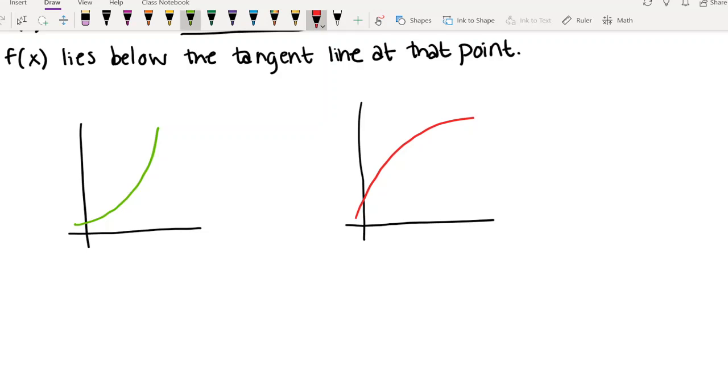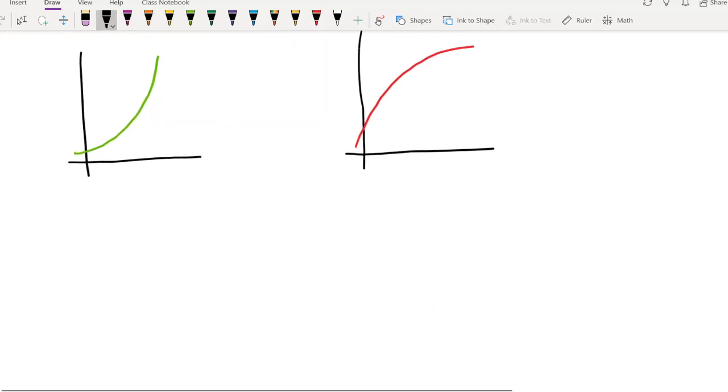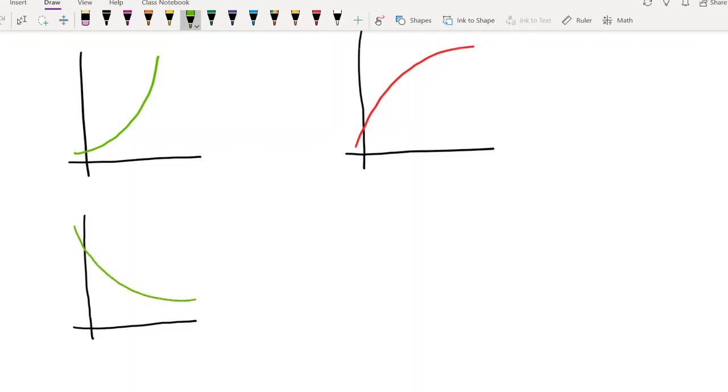So these are both increasing, right? Those are both going up from left to right, regardless of their concavity. You could also have a graph that is decreasing, that is concave up, and that's going to look like this. So that's an example of a graph that is concave up, but it's also going down from left to right.